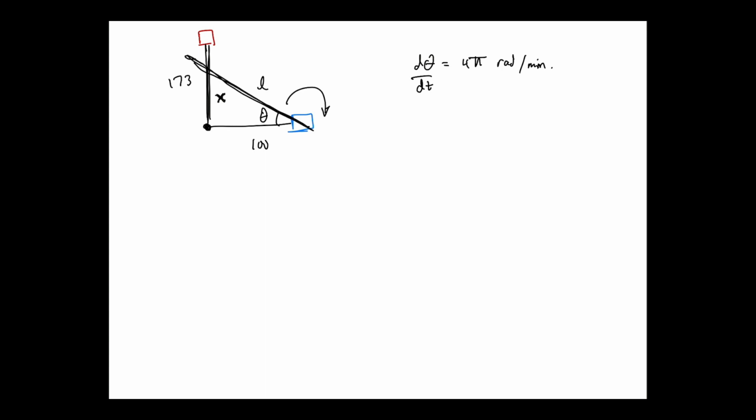Okay, now, what we care about is something involving x. Do I actually care about L, which would be the distance from the beam of light to where it hits the shore? In this particular problem, I don't care about it, so I labeled it for no reason. What I care about is x. So I need a formula that relates x, 100, and theta.